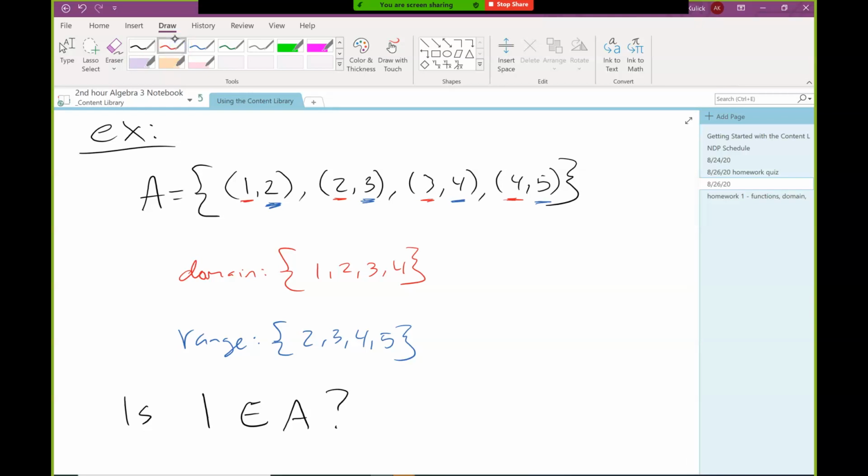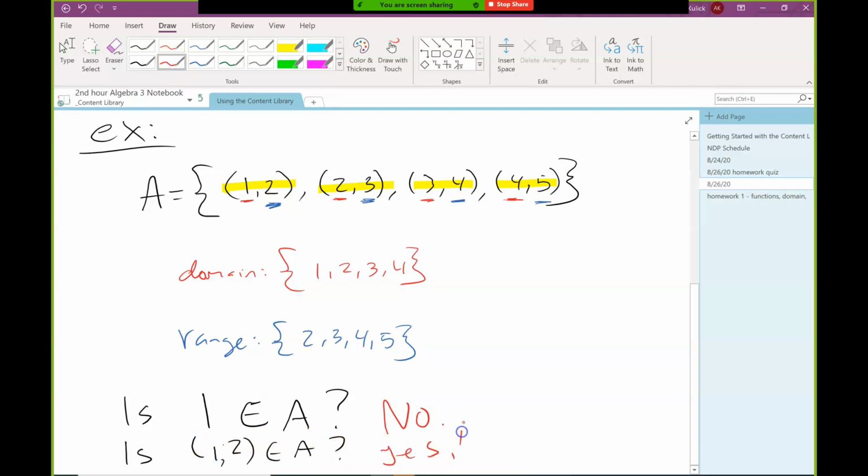You should say no. It is a member of D, correct. But the things in A are all ordered pairs, right? If I asked you, is (1, 2) in A, we would answer yes to that.